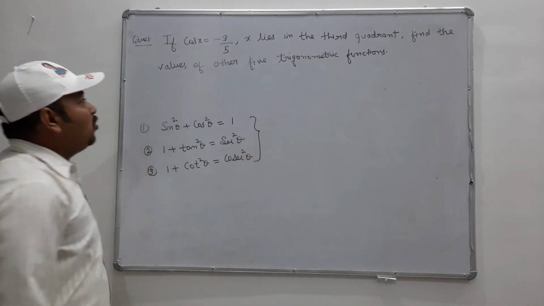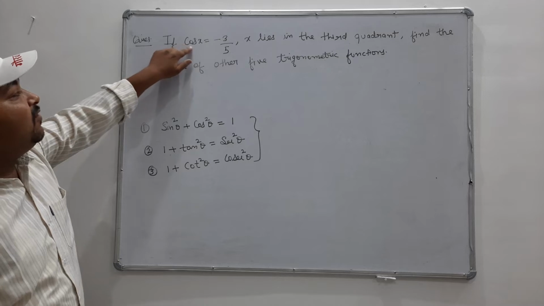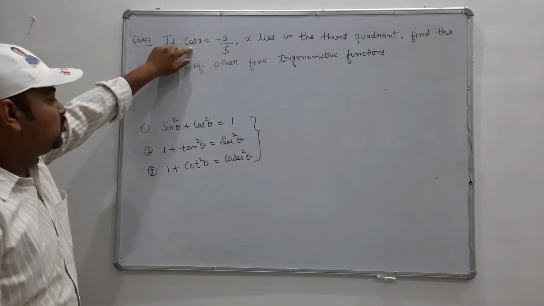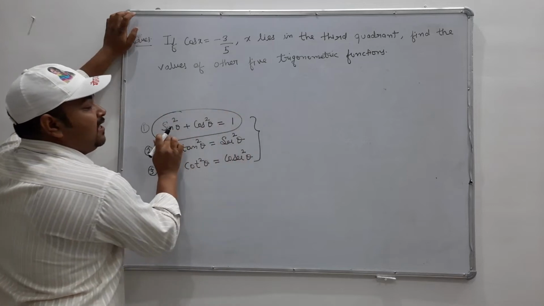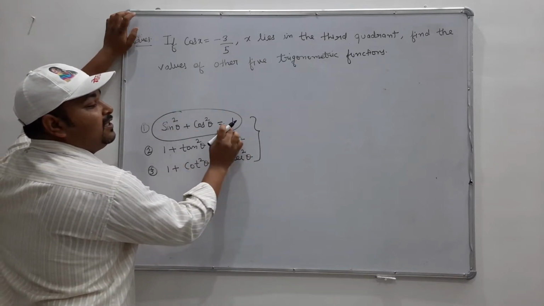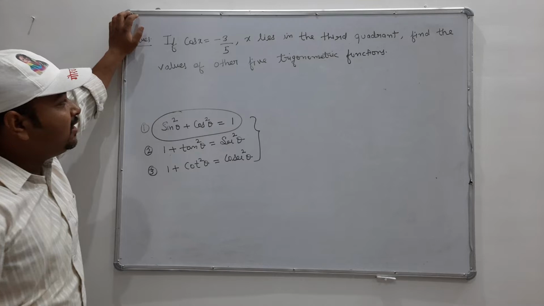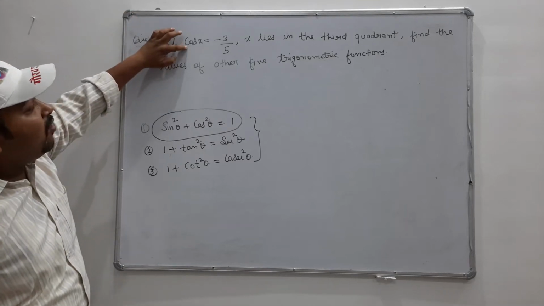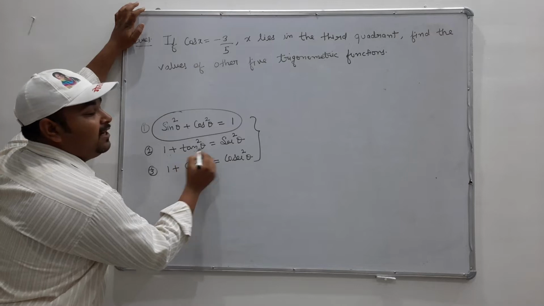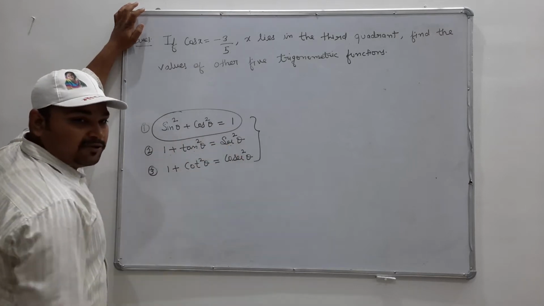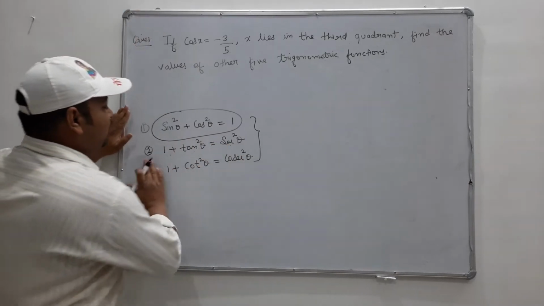Now if the question is given in the form of cos, we will use the formula sin square theta plus cos square theta is equal to 1. If the question is given in the form of tan, then we will use 1 plus tan square theta is equal to sec square theta.